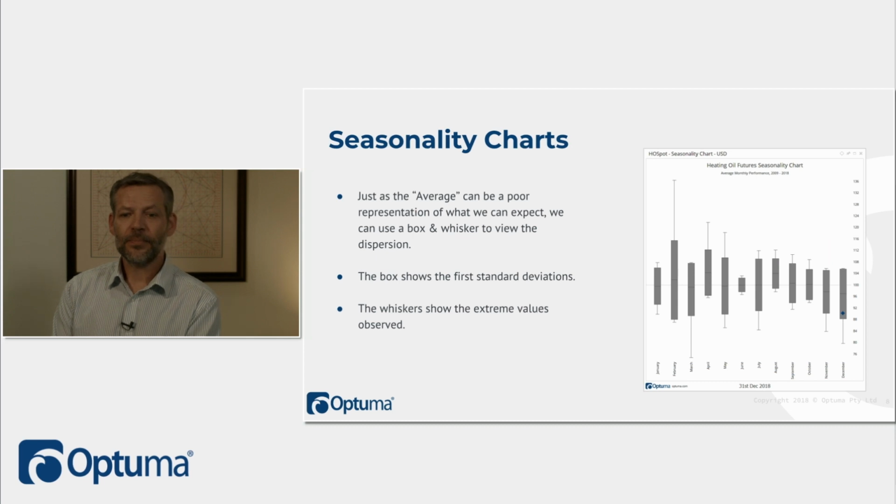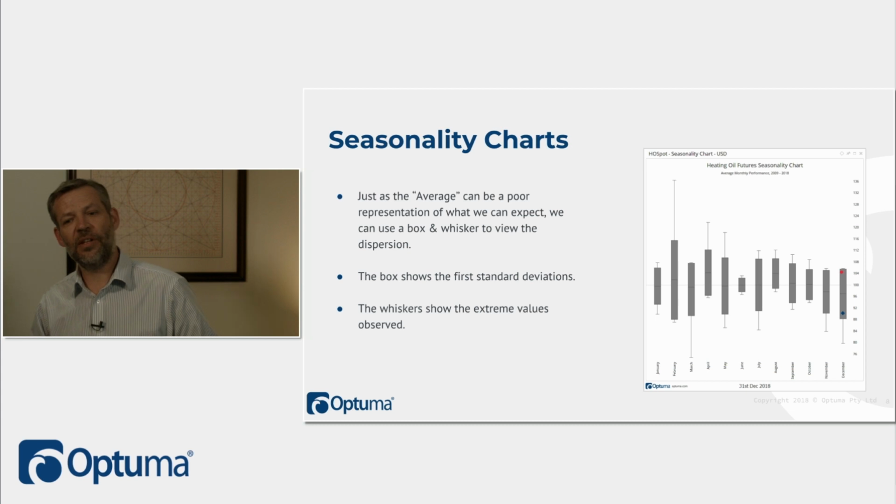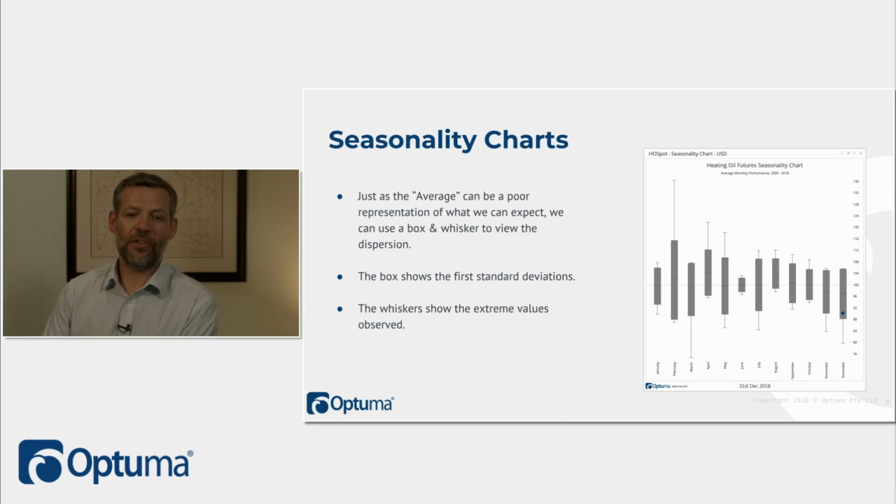Another way of viewing the seasonal pattern, because here we've got just the value, the average value. But when we talk about statistics, the average is hiding a lot of information. So often we use these box and whiskers, where the middle line here is the average value.